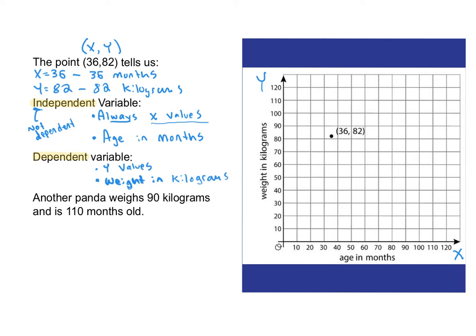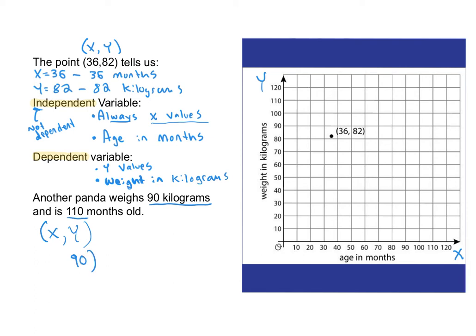Okay, then we say another panda weighs 90 kilograms and is 110 months old. So again, since we always have an x first and then a y, we know that 90 kilograms is your weight. So that means our y is 90.